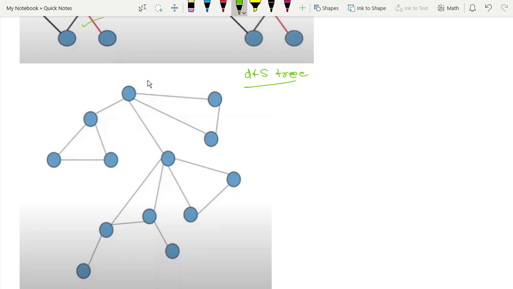Suppose this is our root node and we call this root node from the main function.